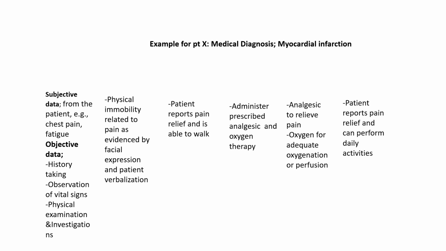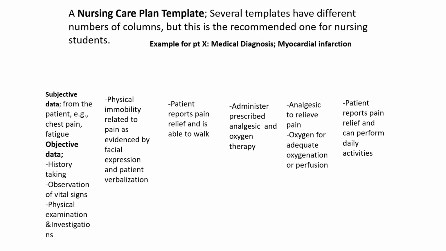Then I want to give you an example of a nursing care plan template. First, what is a nursing care plan template? It is a framework showing the specific nursing care a nurse should give.